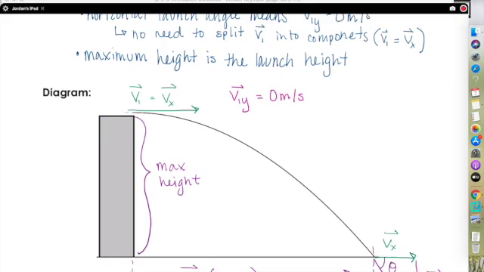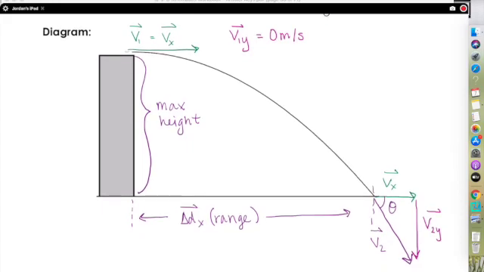Okay, so here is a diagram of all the key components of a type 2 problem where it's launched from uneven ground. Okay, so when we draw it, we'll have the maximum height and then the range as well, the dx. You'll notice that our launch arrow, the green arrow at the top, is our v1, and it is equal to vx.